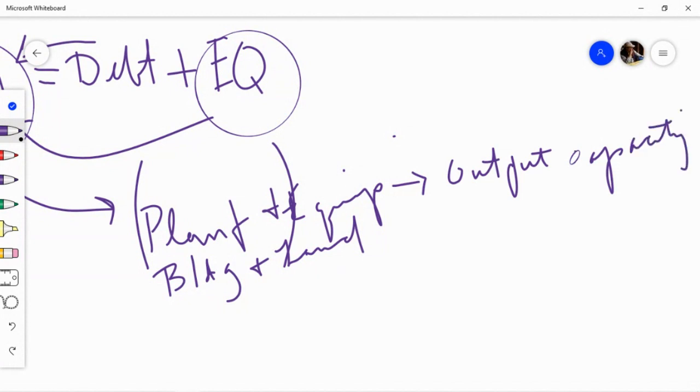What does output capacity mean? That's production capacity. Production capacity or production level, right? That's the maximum, that means how much they can produce, how many units they can produce, right?